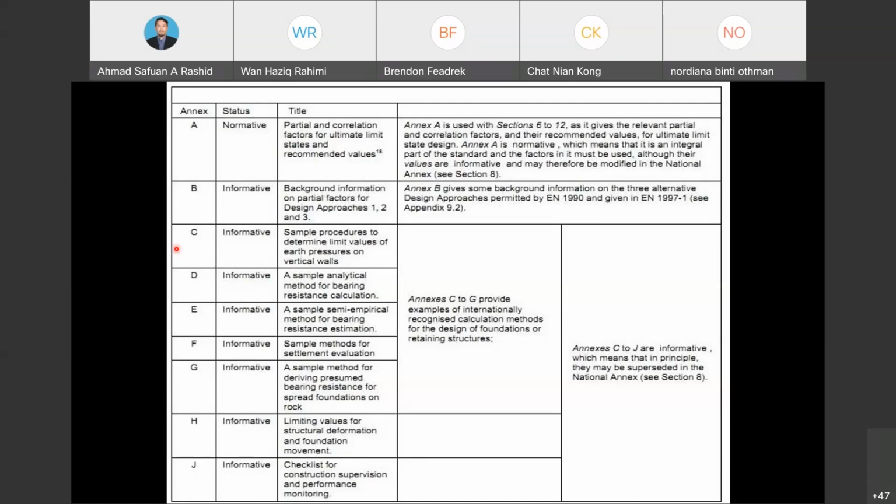Among the members of the technical committee on geotechnical work is Prof. Ramli from our department, and they also include one academician from University Technology Mara, Associate Professor Dr. Jamaluddin Matno. So all these members of the technical committee put their ideas in preparing this Malaysian annex.